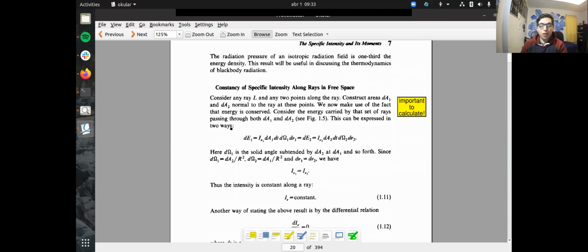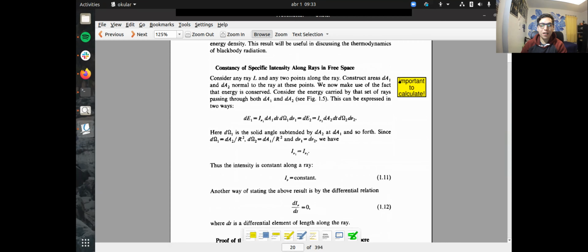Now the next important thing to calculate is the constancy of the specific intensity along rays in free space. Here in the title, we can see that there is a constancy, so the derivative along the ray, along the direction that the photons are traveling, is 0.